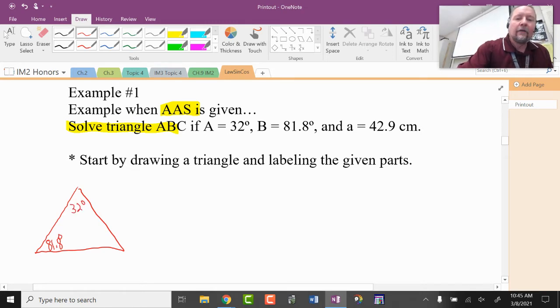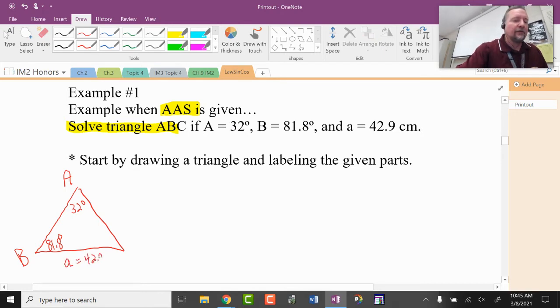The only thing I care about is angle B and angle A. And don't be erasing your notes if you put angle A down here and you put 32 here. It doesn't matter. What matters is who is opposite who. So angle A, angle B, side A. Got it. I must put my side A here.